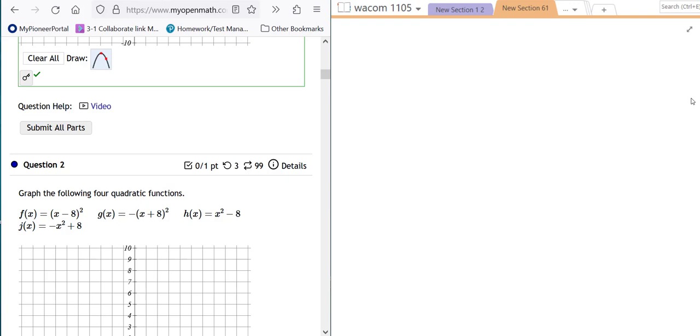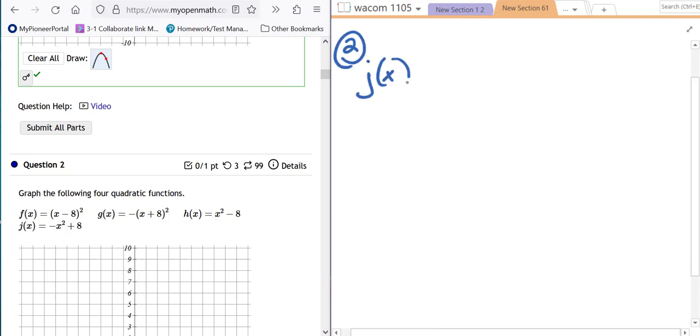Let's do just J. And what I wanted you to see is negative in the front. These two are going to flip upside down. The others would not. Okay. So we'll just do J of x is negative x squared plus 8.